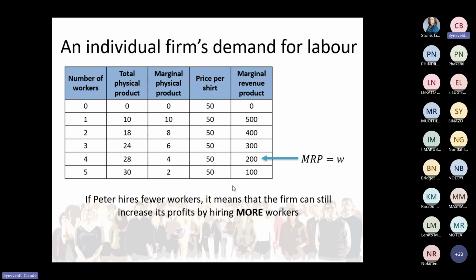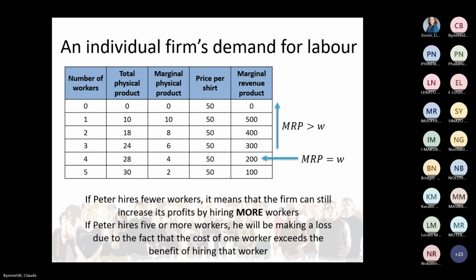So if Peter hires fewer workers, it means that the firm can still increase its profit by hiring more workers. So here you can see you can hire more workers because the marginal revenue product is greater than the wage rate.